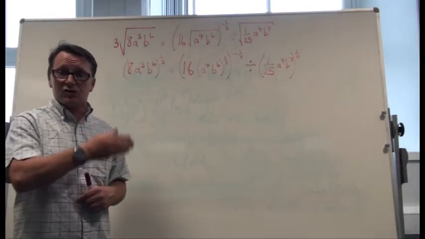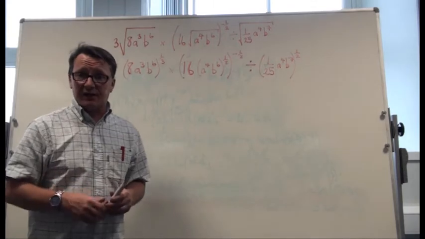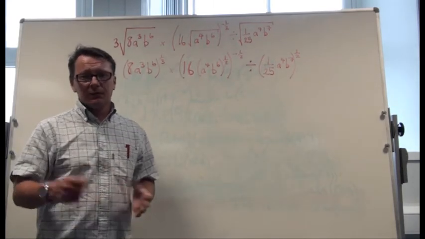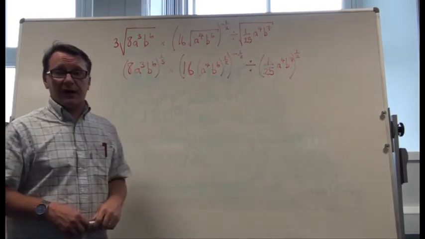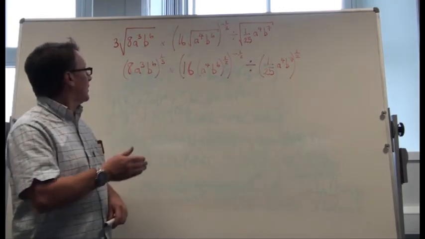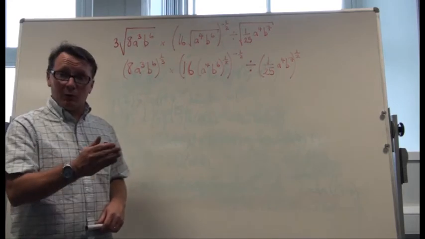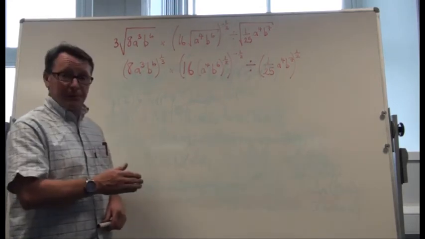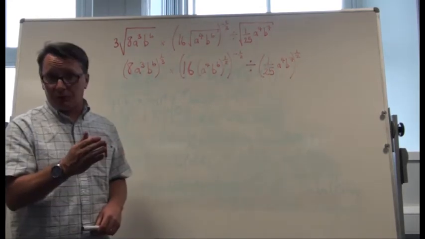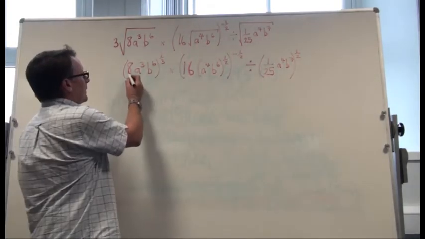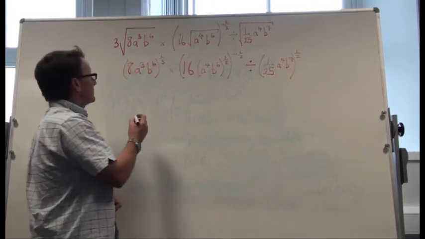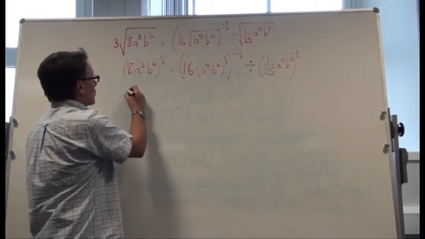So we can raise each of the expressions inside to that power. In other words, the first expression we can write as 8 to the power a third, a cubed to the power a third, and b to the power 6 to the power a third. Because we can multiply those things together, 8 to the third is the cube root of 8, which is 2.